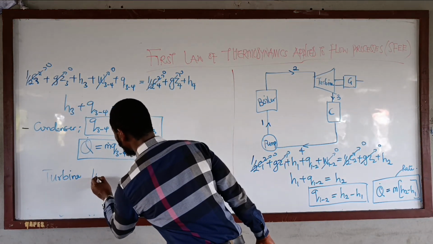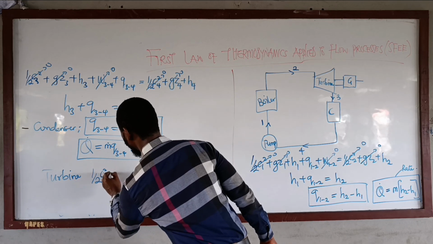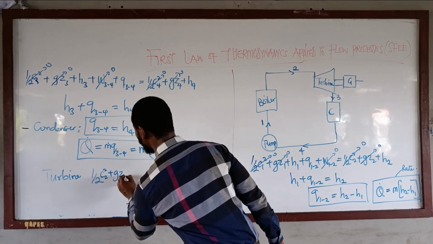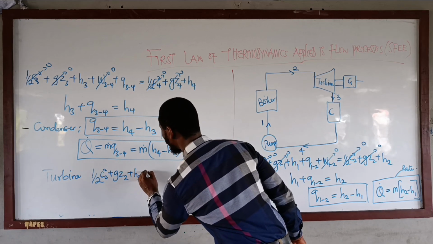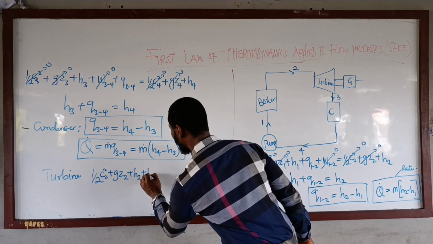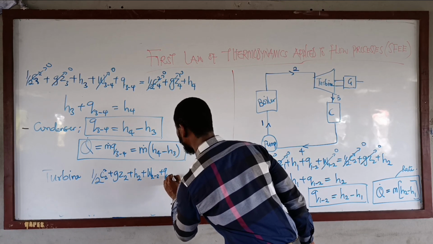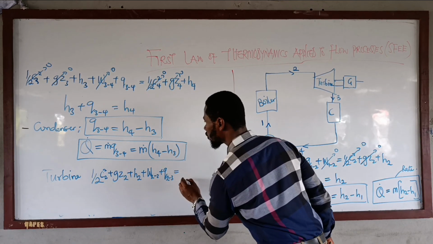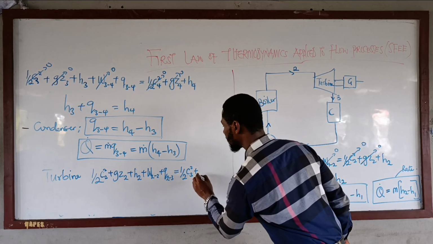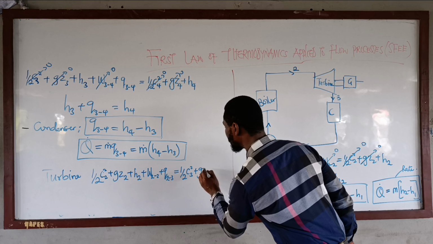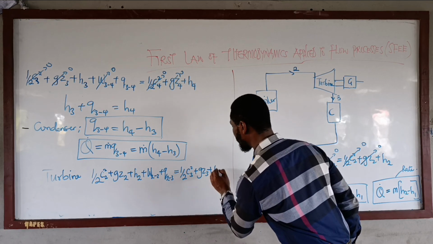we have half C2 square plus gZ2 plus H2 plus W2 to 3 plus Q2 to 3 equals half C3 square plus gZ3 plus H3.